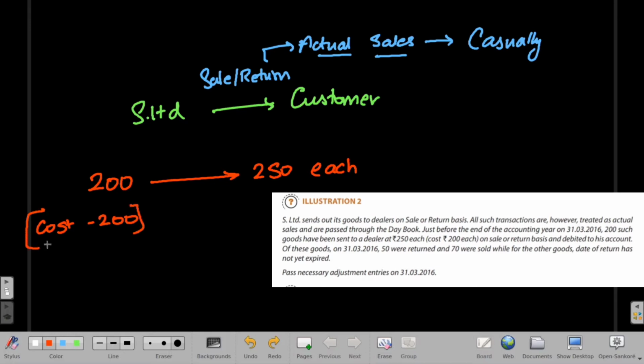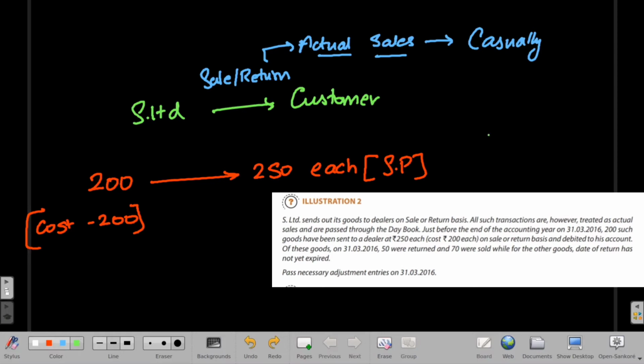So 200 is the cost and they have sold it for 250 each. So this would be the selling price, right? And 50 rupees would be the profit which S Limited would earn. And they have debited his account.